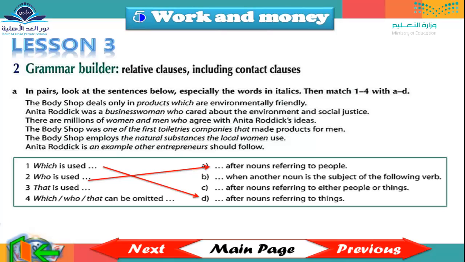That is used after nouns referring to either people or things. 4. Which, who, that can be omitted. That means we don't use them when another noun is the subject of the following verb.